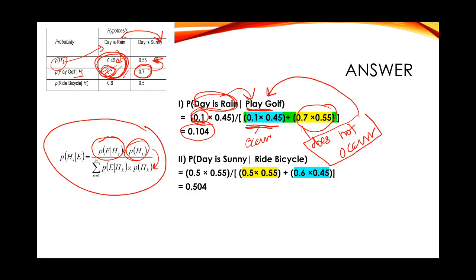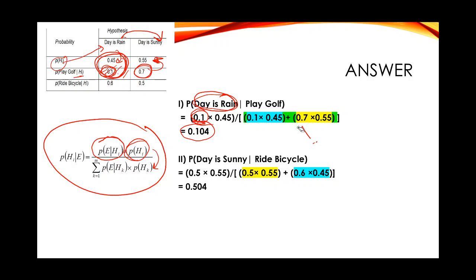Then move on to the second question here. The second question would be day is sunny, but then the evidence now is different. The evidence now is ride bicycle. Day is sunny when we ride the bicycle. What is the probability of day is sunny when we ride the bicycle? So what we have to do is take a look at the probability of the evidence here, P(E|H).